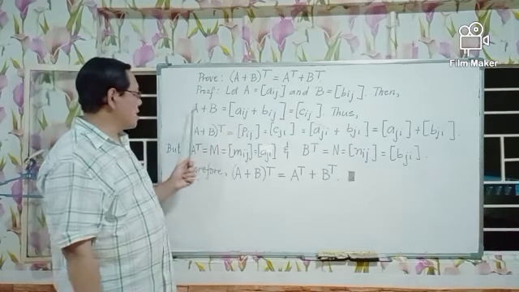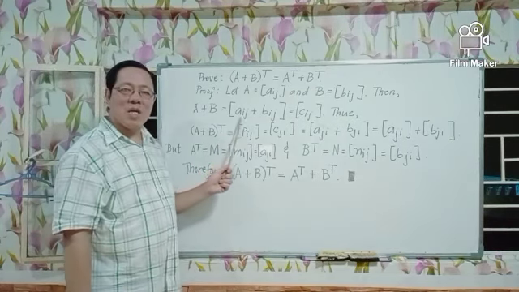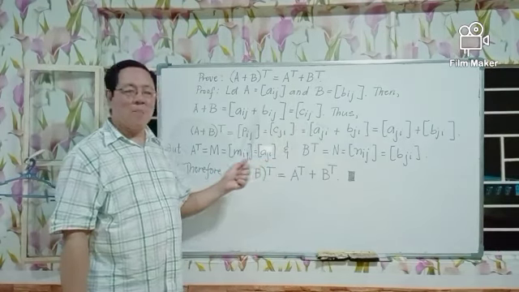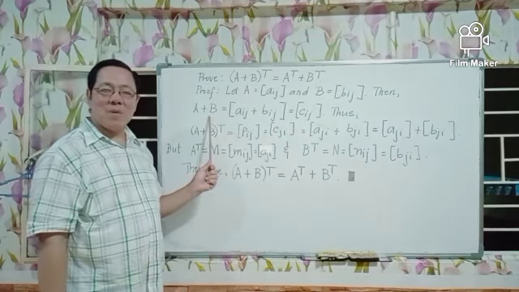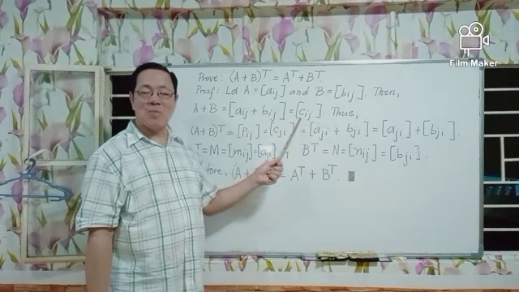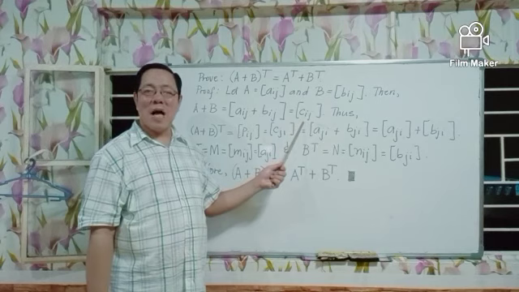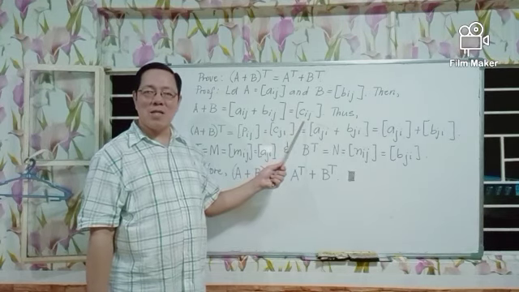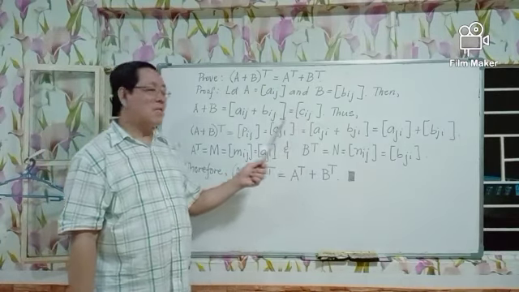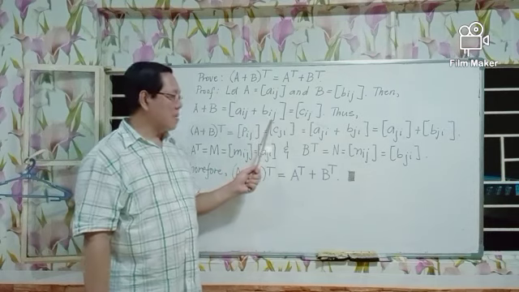Thus, the ij entry of matrix A, we add to the ij entry of matrix B. And a sub ij plus b sub ij is the entry in the ith row and jth column of the sum A plus B. And we denote the sum A plus B by matrix capital C. Thus, the entries of A plus B, if we denote it by capital C, are denoted by small c sub ij. c sub ij is the entry in the ith row and jth column of A plus B. And this c sub ij entry of A plus B is equal to the sum of the ij entry of matrix A and the ij entry of matrix B.